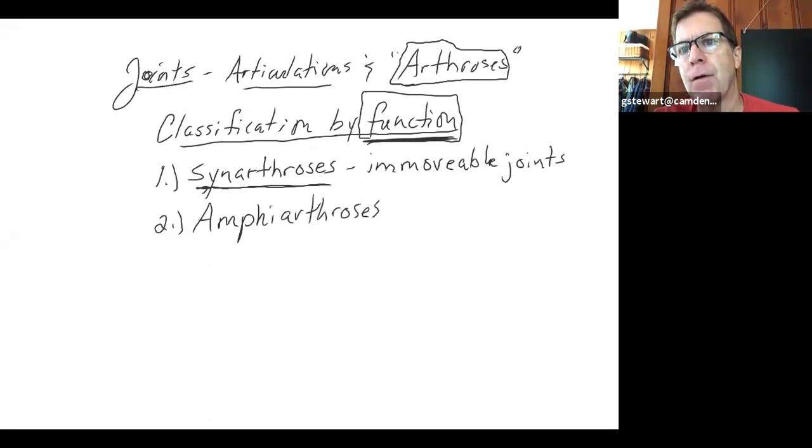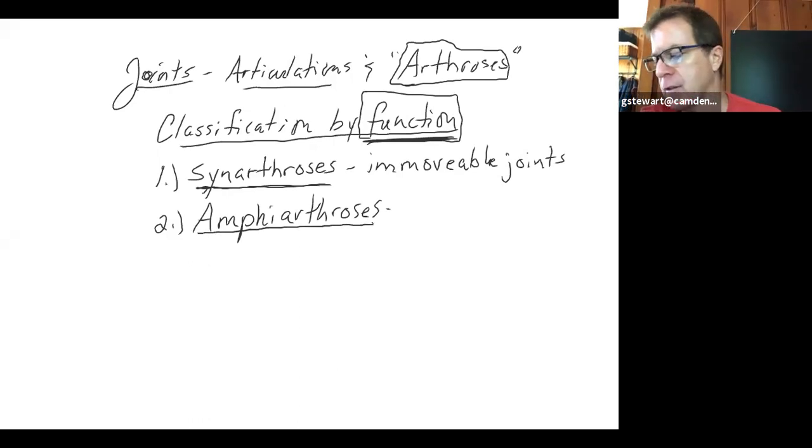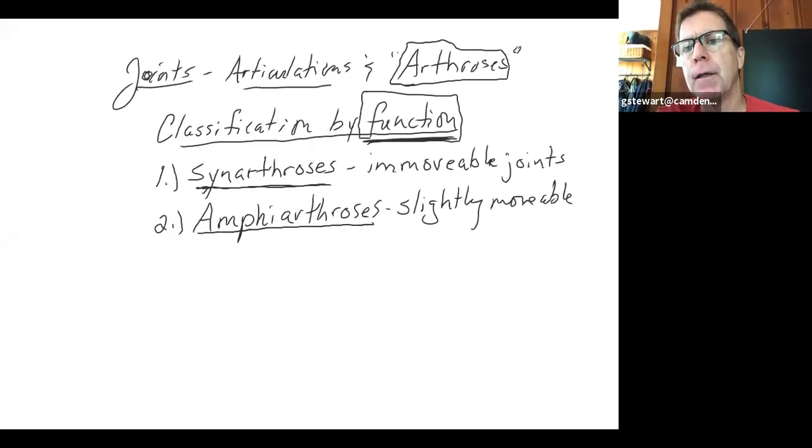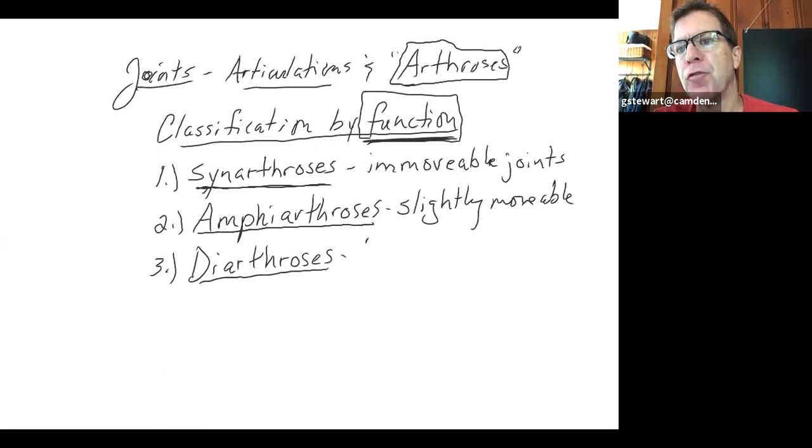That's also a noun. If you hear me say amphiarthrotic, that's just an adjective. These are slightly movable joints. And finally, the third category, diarthroses or diarthrotic joints are fully movable.